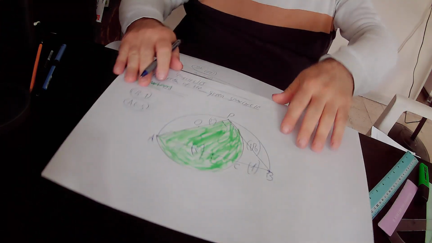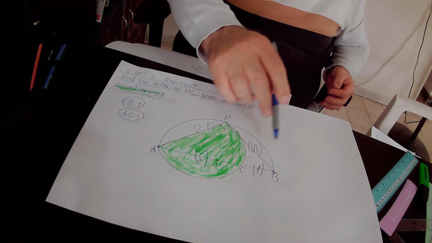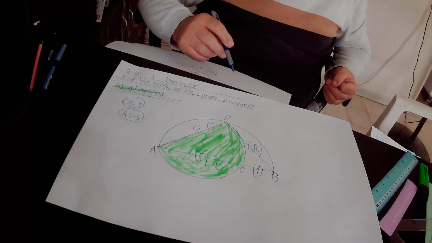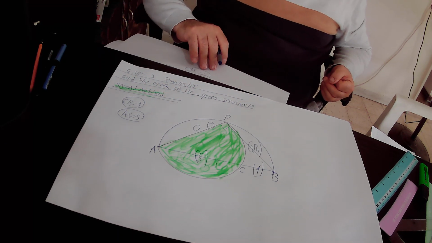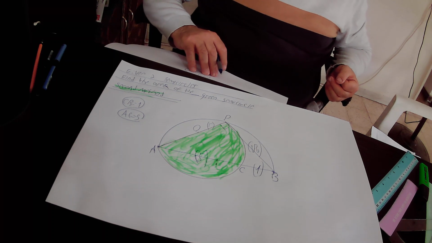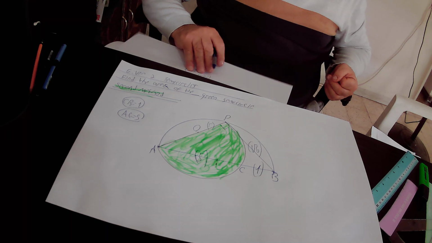In the next step, I'll copy this right triangle APB in a new page, and we'll implement the Pythagoras theorem in this right triangle APB. According to the Pythagoras theorem, in any right triangle, the square of the hypotenuse equals the sum of the squares of the perpendiculars.